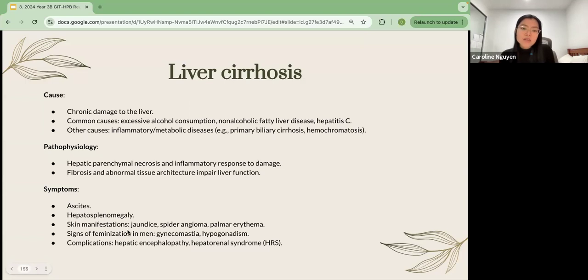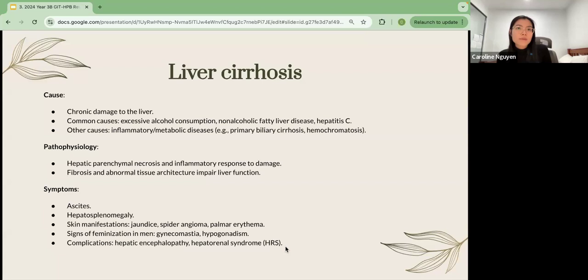Skin manifestations, we have jaundice, so issues with bilirubin, spider angioma, that's from high estrogen, and this is from inflammation as well. High estrogen here. And then complications, so the liver can't break down its toxins, so it builds up and then it causes brain damage, as well as hepatorenal syndrome.